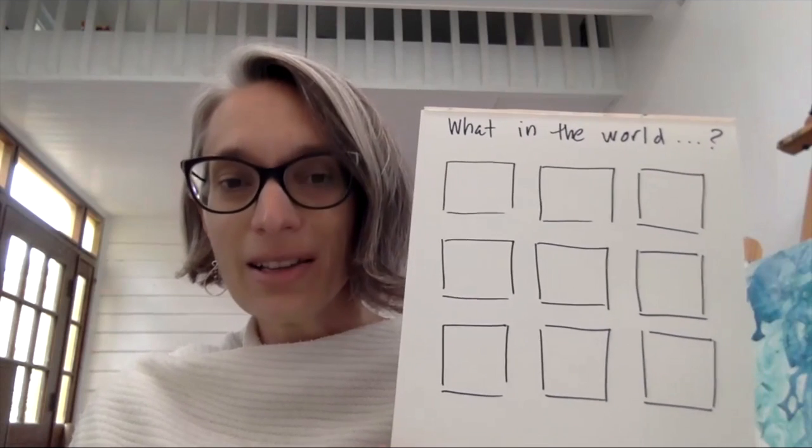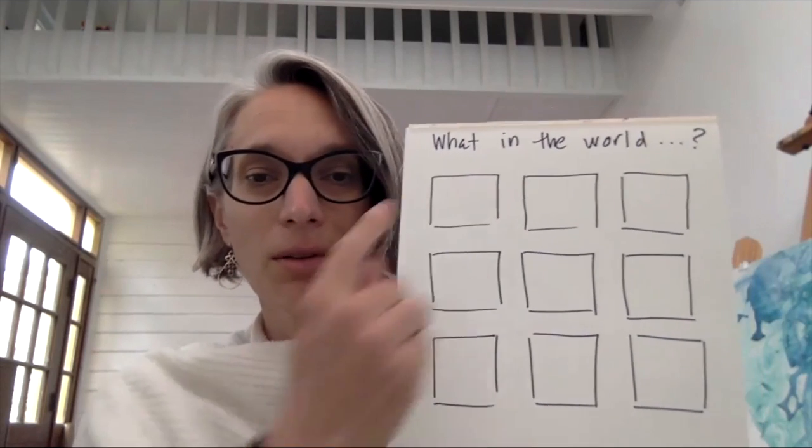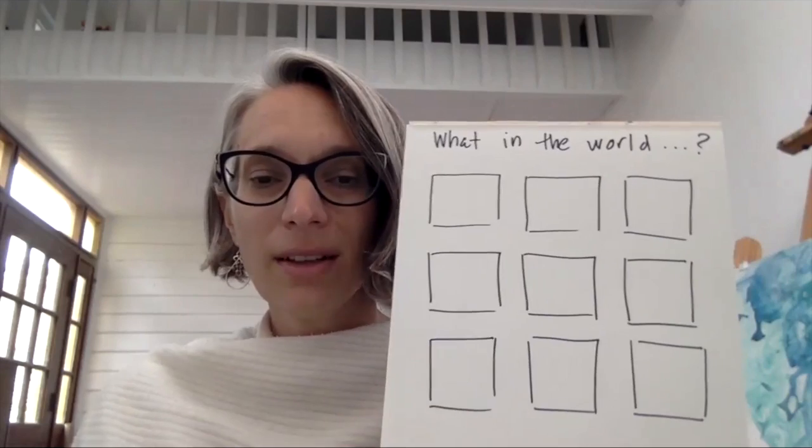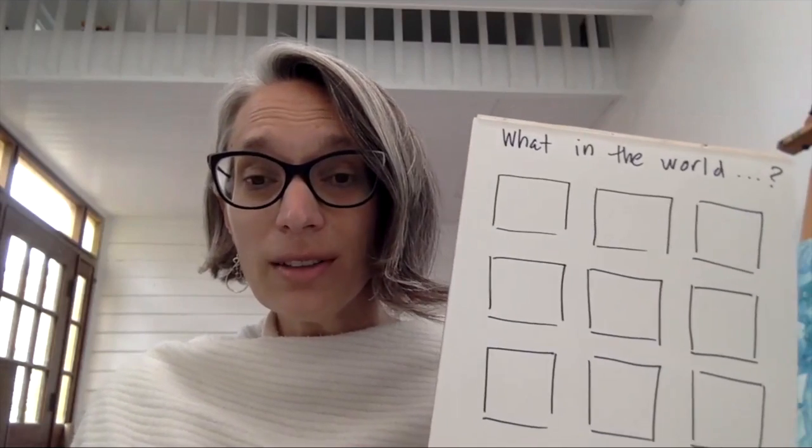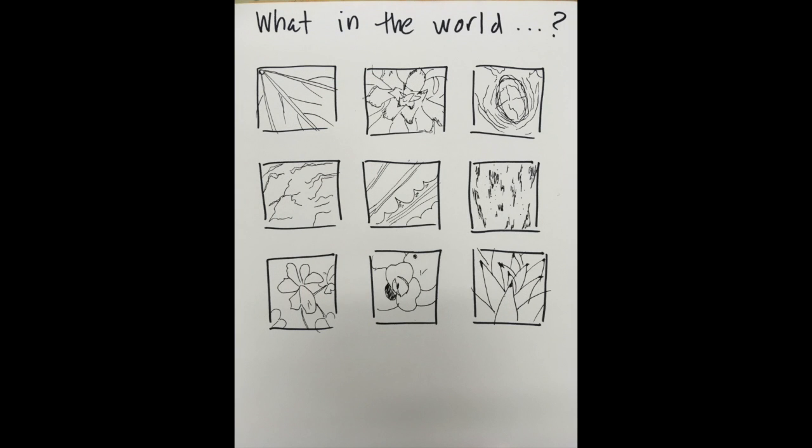So you need 9 squares on your paper, 3 by 3. And then once you do this, you can go outside and collect your lines and your patterns. Fill each square with a pattern from something you observe outside. When you go outside, make sure you let an adult know where you're going.